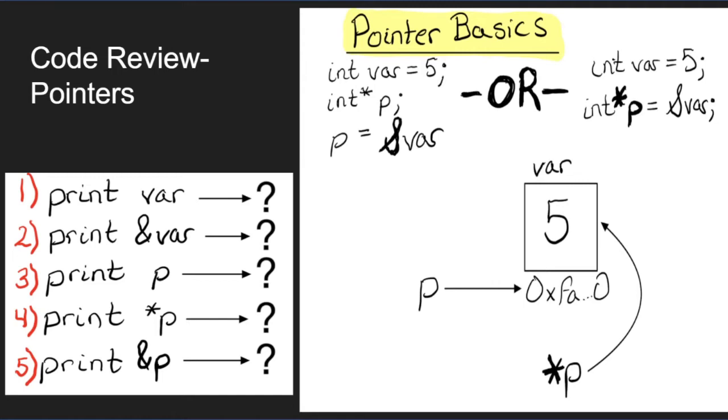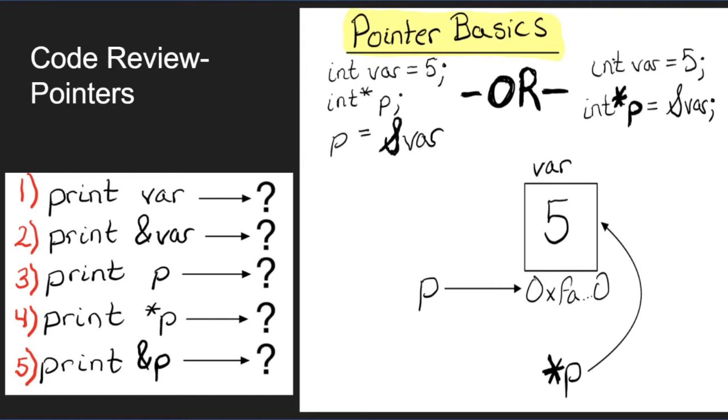Okay, and cut it off right there. So let's see, what are our answers like? Okay, looks like everyone pretty much agrees on what's going on. So correct, your first thing, print var, that just prints out 5 because that's the value inside var.